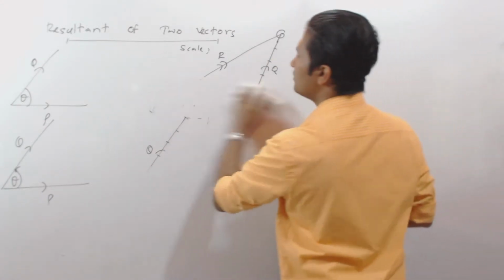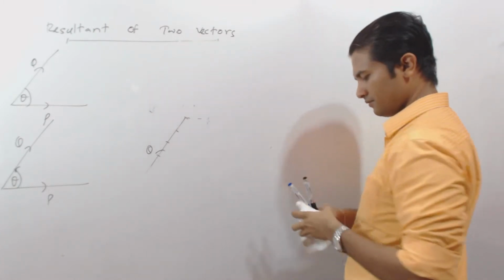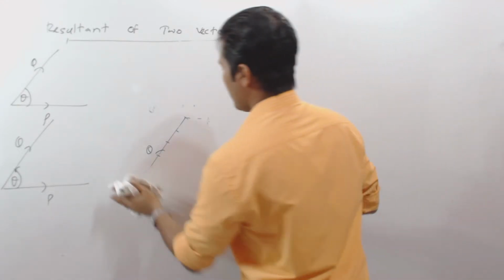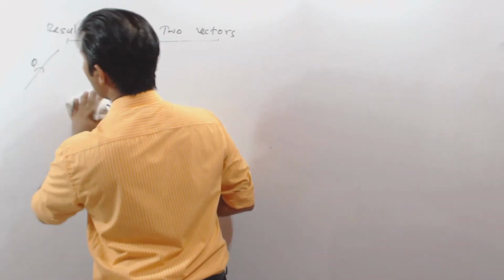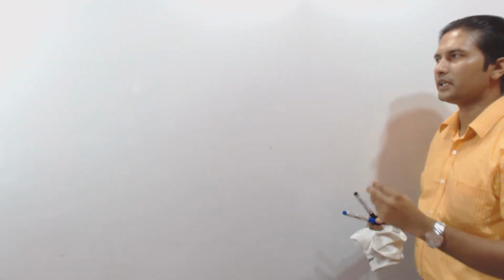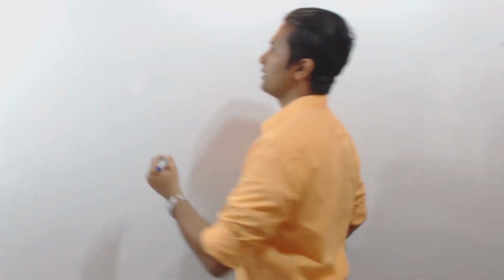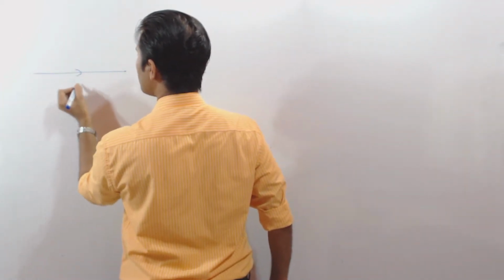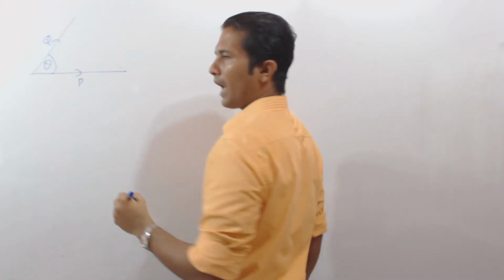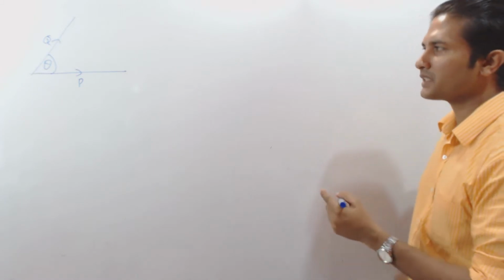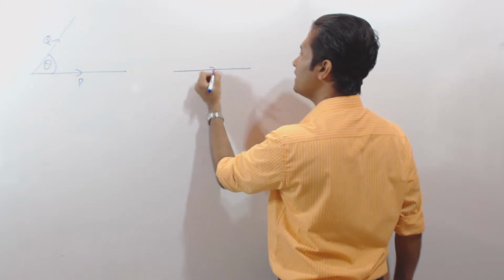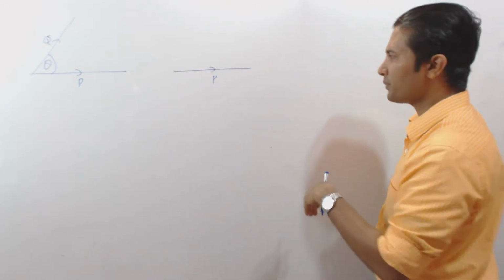Now we can move on to the next subpart, which is the mathematical procedure in order to get the resultant. When considering vectors p and q and the angle between those vectors as theta, you use the same procedure as we followed previously.